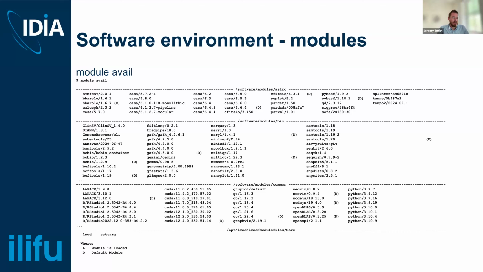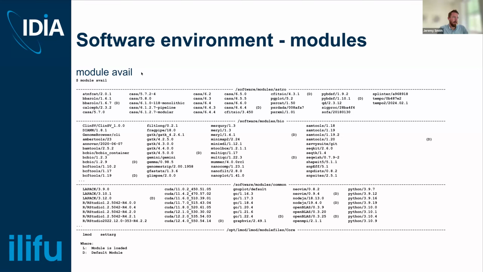Modules are divided into different categories, including common modules. This will be Python, CUDA libraries, MPI, that kind of thing. And then there are modules that are specific to astronomy and bioinformatics domains. You can view what modules are available by running the command shown at the top of this slide: module avail, and that'll print out all the modules.